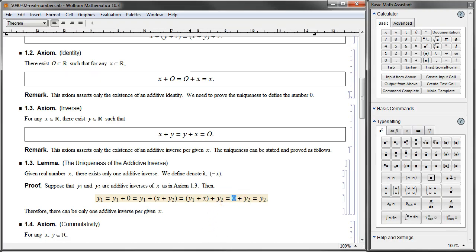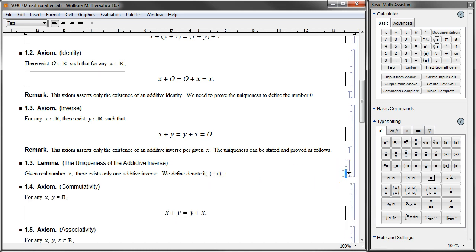Adding 0 doesn't change anything, so we end up with y2 in the end. End result, y1 is equal to y2. Consequently, if we have two additive inverses of x, they turn out to be the same. Therefore, given x, there is one and only one additive inverse, and we can name it. We'll define it as negative x. That's how we define negative x, and adding the additive inverse is the subtraction.